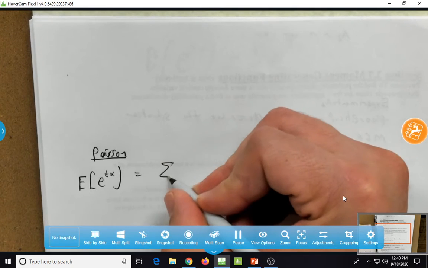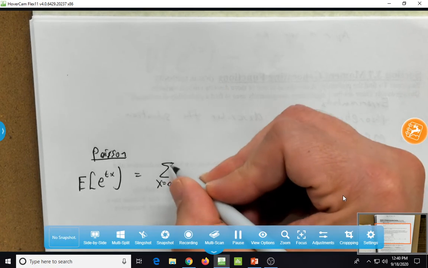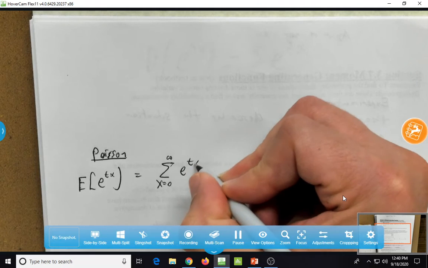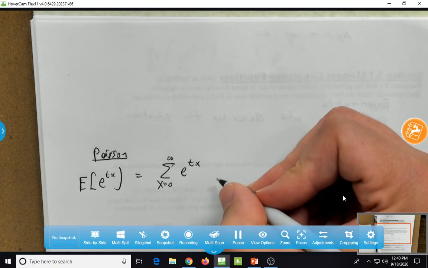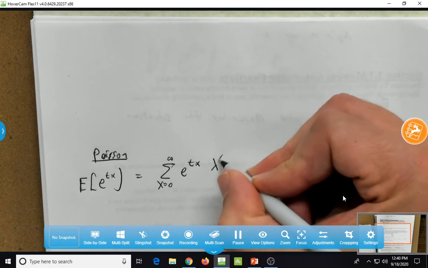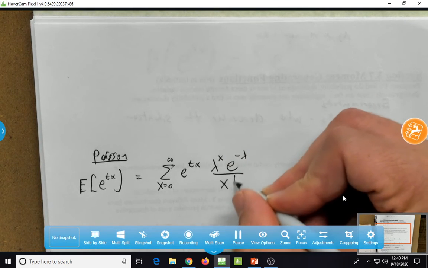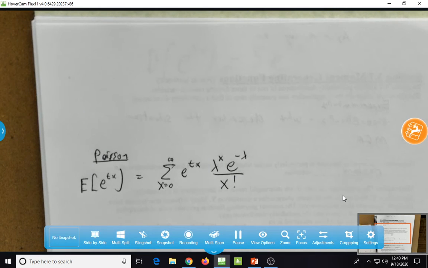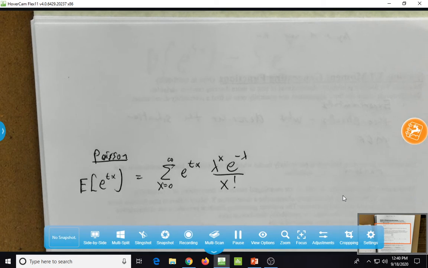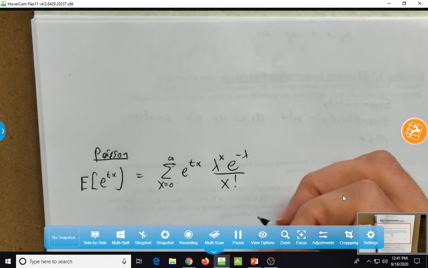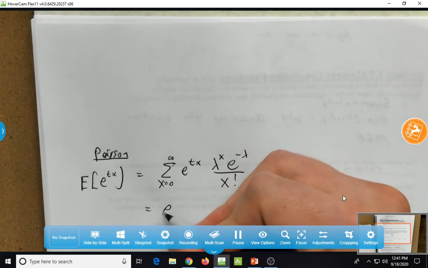So what this is, is the sum from x equals 0 to infinity of e to the tx, and then I put my Poisson distribution. You probably don't remember the Poisson distribution, but it's lambda to the x, e to the minus lambda over x factorial. This summation only has x's in it, so let's get rid of anything that doesn't have an x in it. Anything that I can bring out front? I can bring e to the negative lambda out front.